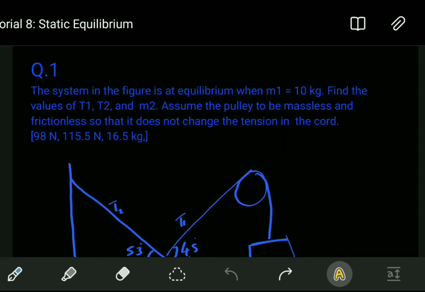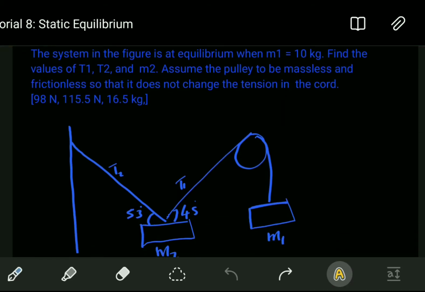So we begin with question 1. We have this system and we are required to find the value of T1, T2 as well as M2.